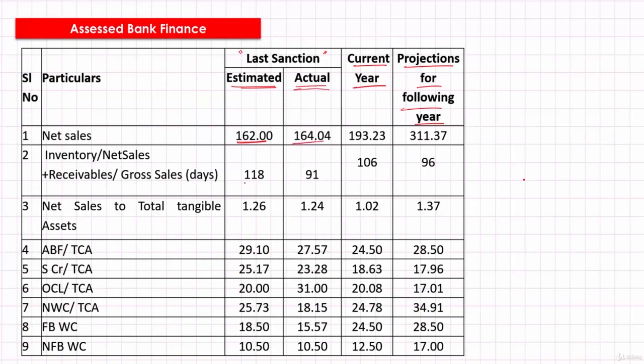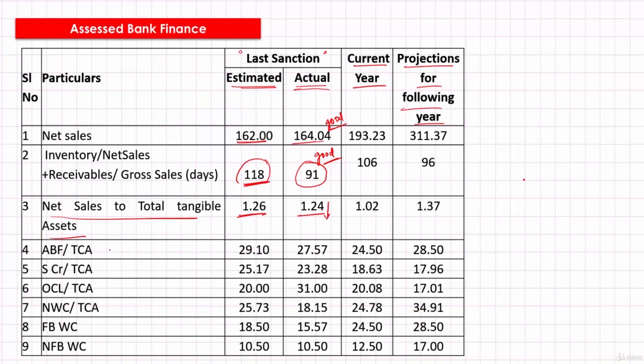Look at the cycle, the working capital cycle. 118 days was expected, but actual was 91. So this is also good because it is better than estimate. And look at net sales to TTA. Estimated is 1.26, actual is 1.24. So there's a marginal decline, but it's not a matter of concern.